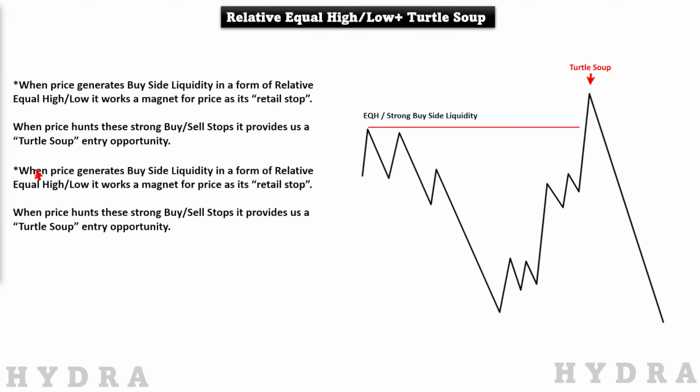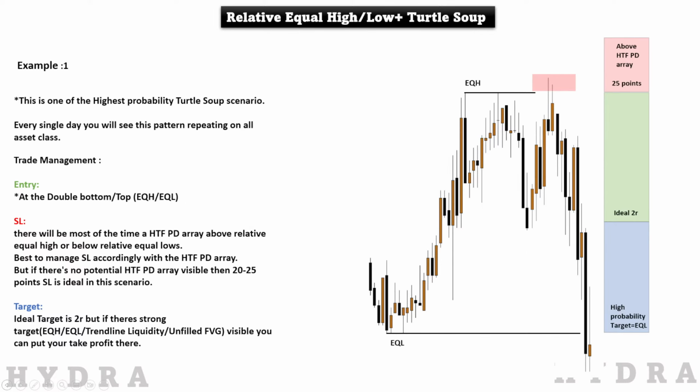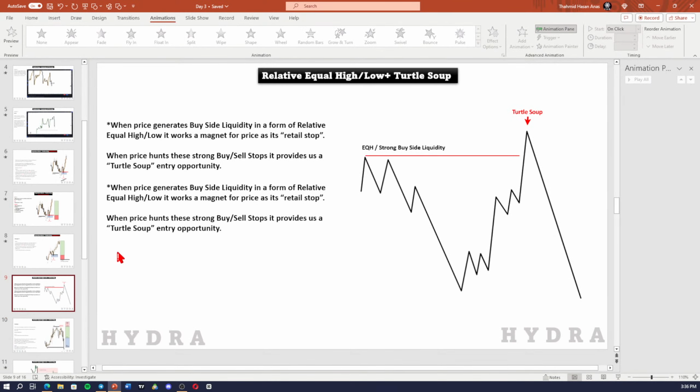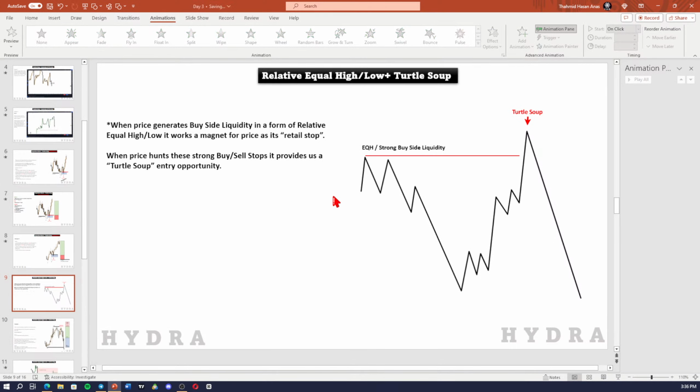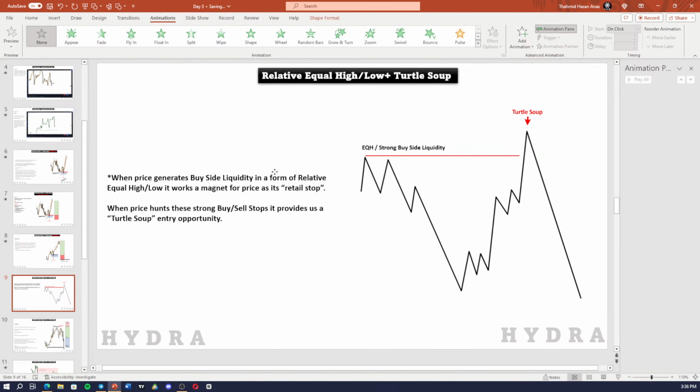So here, when price generates buy side liquidity in a form of relative equal high or low, it works as a magnet for price or retail stops. The same thing, I basically wrote it mistakenly, so let me clear it out. Yeah, now it's looking good.